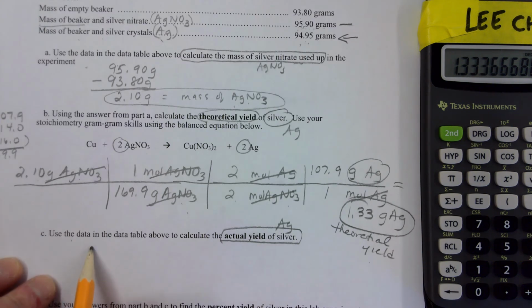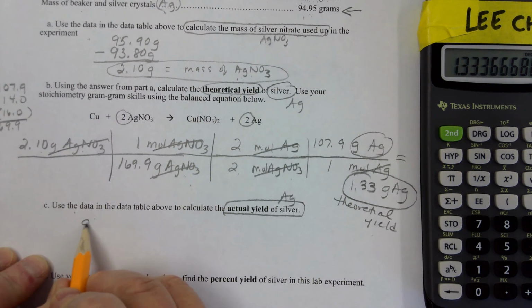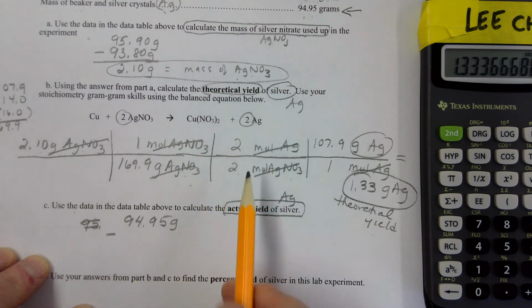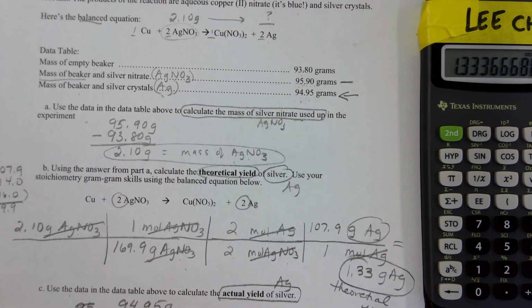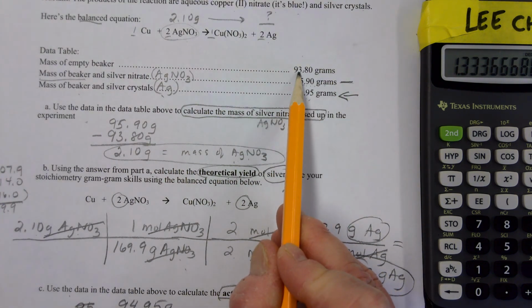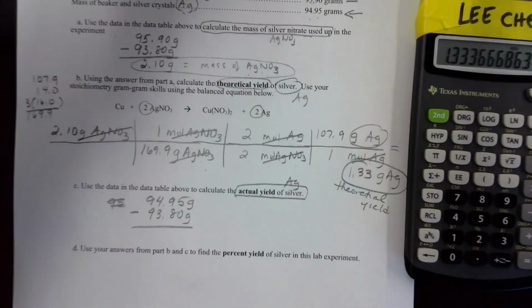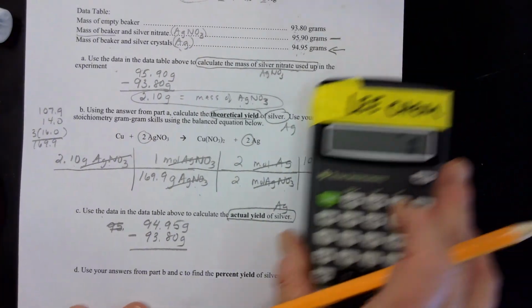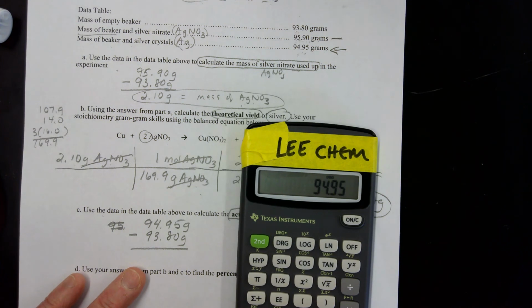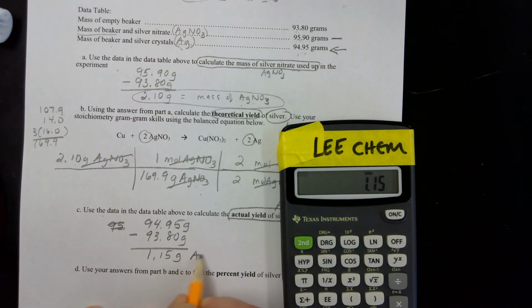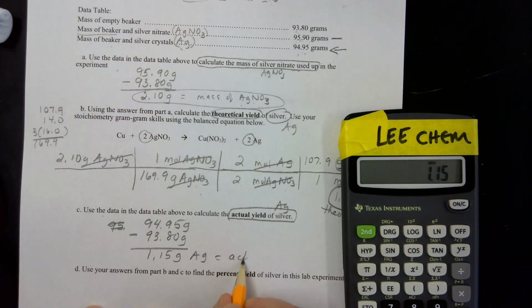For part C, we take the mass of the beaker with the crystals, 94.95 grams, and subtract out the mass of the empty beaker at 93.80 grams. In the calculator, 94.95 minus 93.8, we get 1.15 grams of silver is the actual yield.